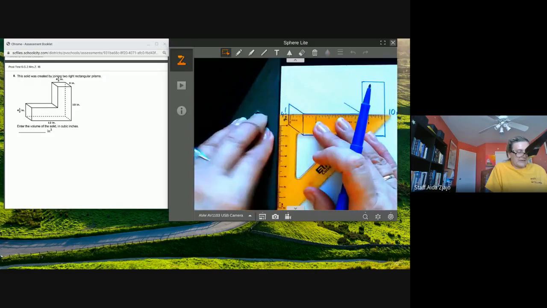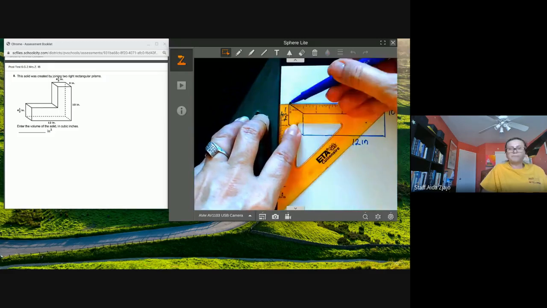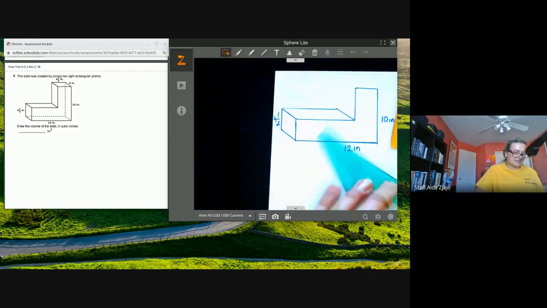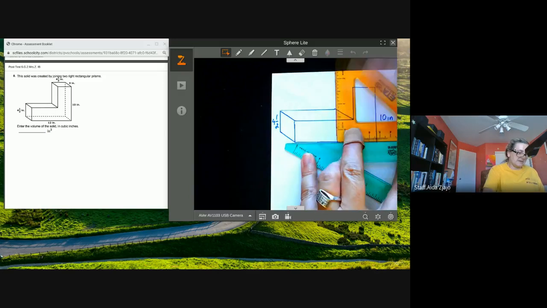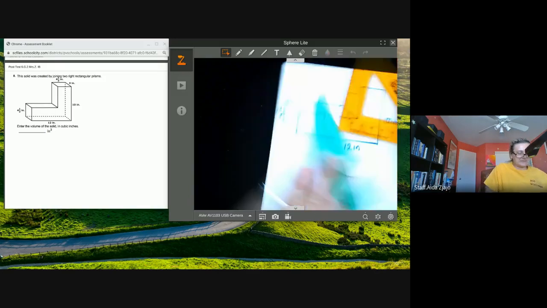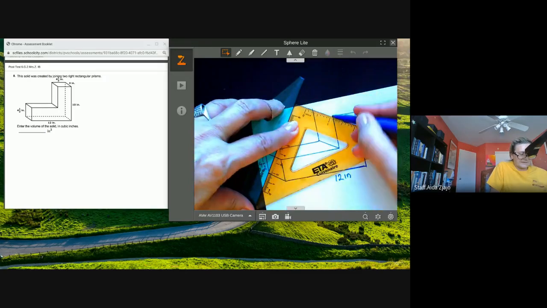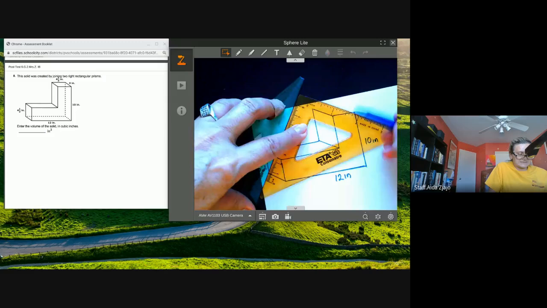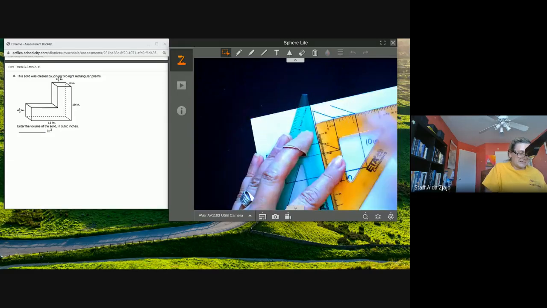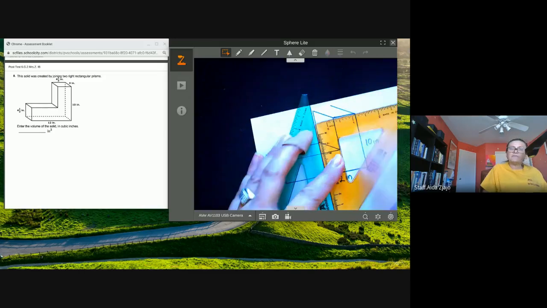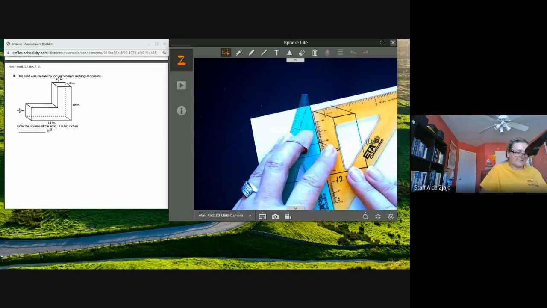And then also I needed to there. And also if I look at this one, it's going to be parallel to this, as well as to this one. Okay, and then this one here, if I move my ruler, it's going to be parallel to the last one that I have.